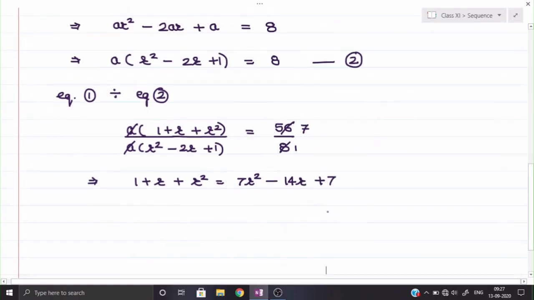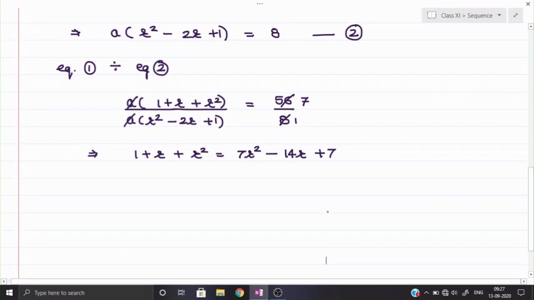Now we shall again transpose the terms from left hand side to right hand side. So it will be 7R square minus 14R plus 7 minus 1 minus R minus R square. All three terms will become negative.